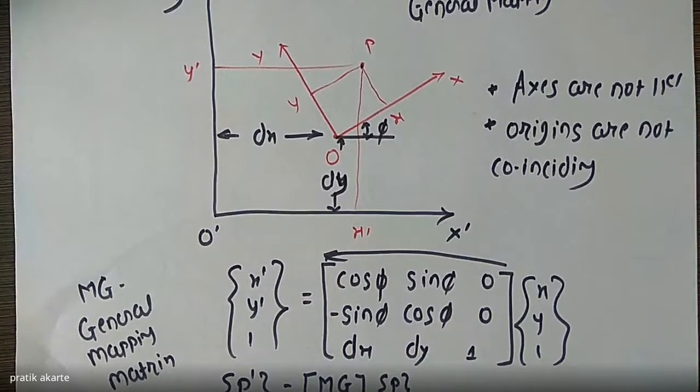The second one is rotational mapping, in which the origins of both the coordinate systems are coinciding with each other, but the axes are at some angle. And the third one is where neither the origins are coinciding, nor the axes are parallel. That type of mapping is called your general mapping. So these are the three types of geometric mappings involved when we exchange the coordinate systems from one to another.